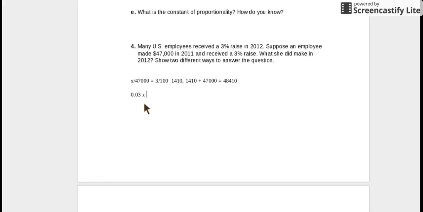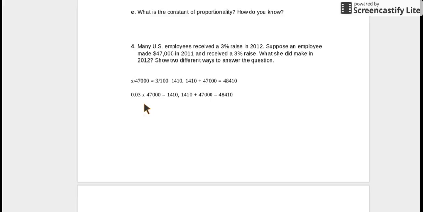And we multiply that by 47,000. And that again is going to give us $1,410. And we do the same process. We take our raise, add it to what she was previously making, and that'll give us $48,410.